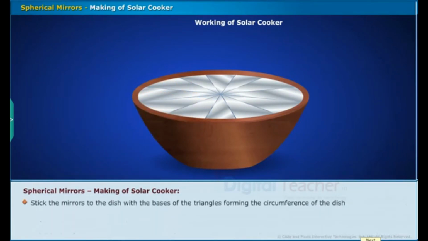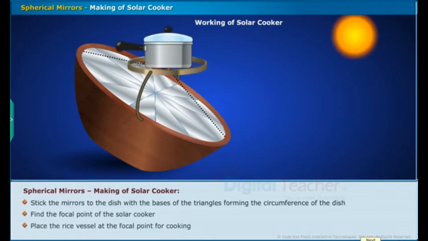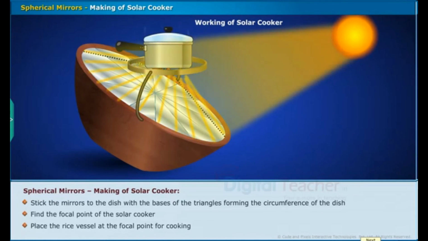Stick the mirrors to the dish with the bases of the triangles forming the circumference of the dish. Find the focal point of the solar cooker. Place the rice vessel at the focal point for cooking.